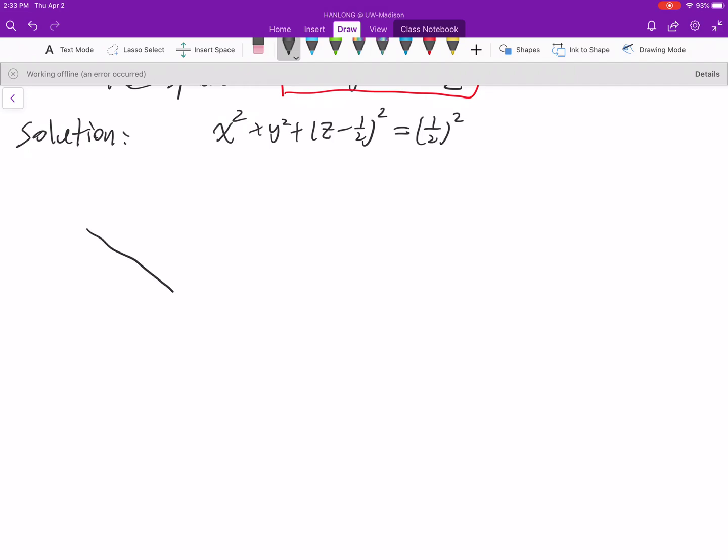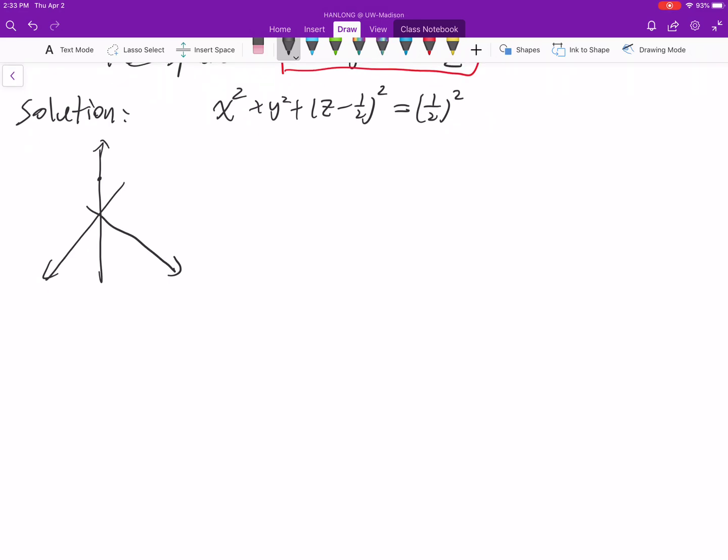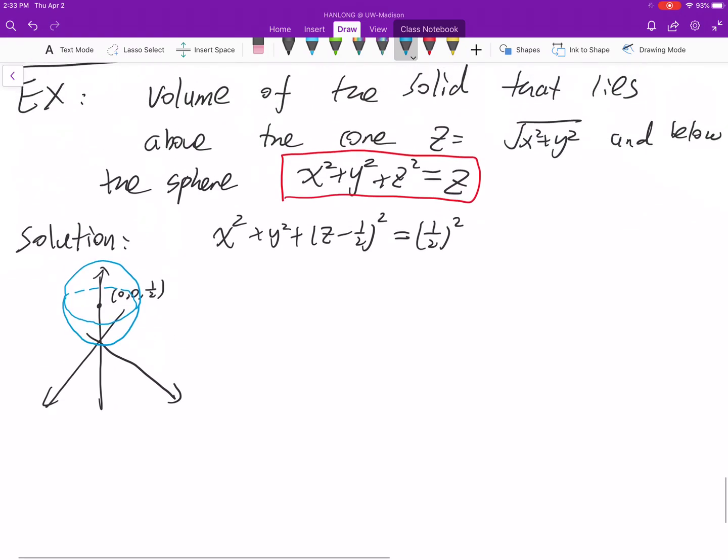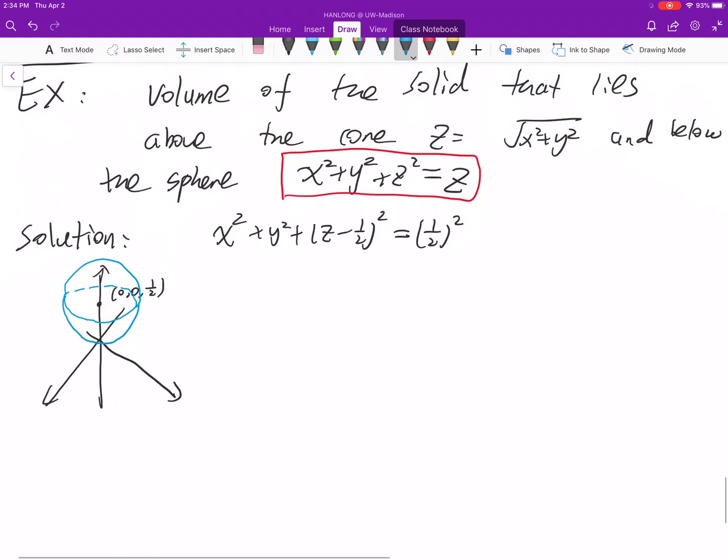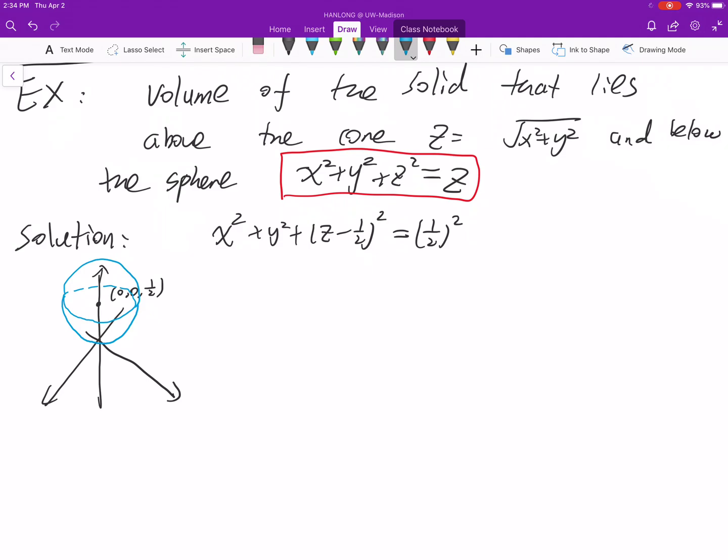Then the sphere has center (0, 0, 1/2) and radius 1/2. Therefore, it passes through the origin. Next, let's draw the cone.